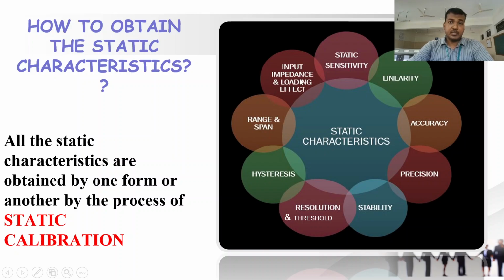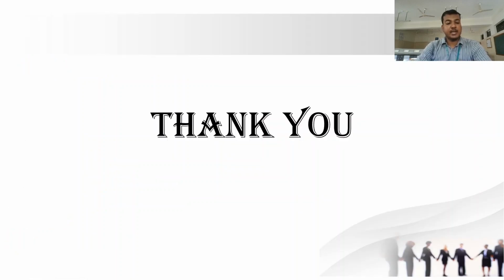These are the 9 parameters which define the static characteristics of a transducer. All the static characteristics are obtained in one form or another by the process of static calibration. So static calibration is needed. This is all about static characteristics.